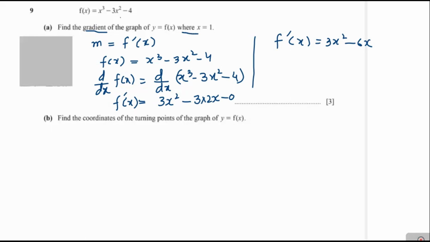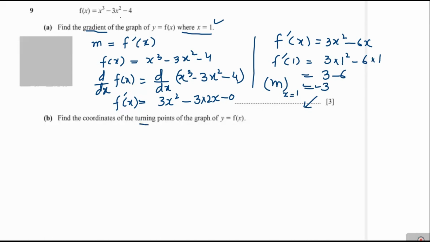We have to find the gradient at x equal to 1. Therefore, f dash of 1 will be equal to 3 into 1 square minus 6 into 1, that's 3 minus 6, which is equal to minus 3. Now the gradient at x equal to 1 is minus 3. This is the answer.